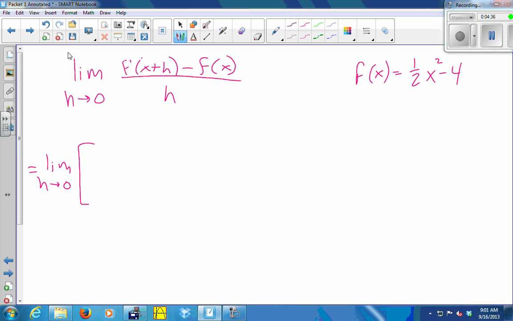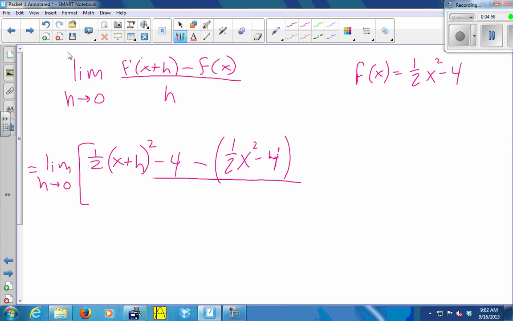f of x plus h would be 1/2 times (x plus h) squared minus 4 minus f of x, which is 1/2 x squared minus 4, and all over h. I put parentheses around the formula for f of x because I'm subtracting the whole thing.